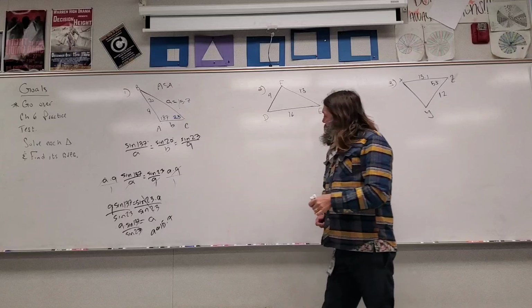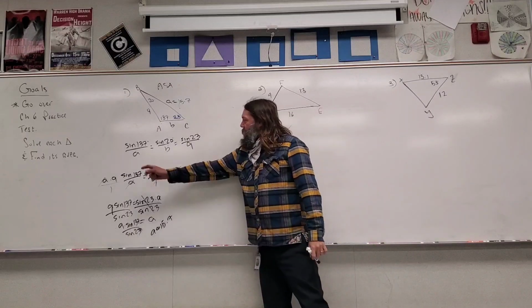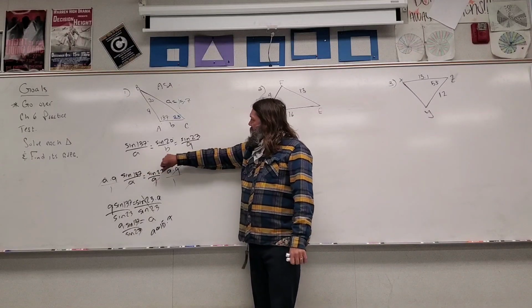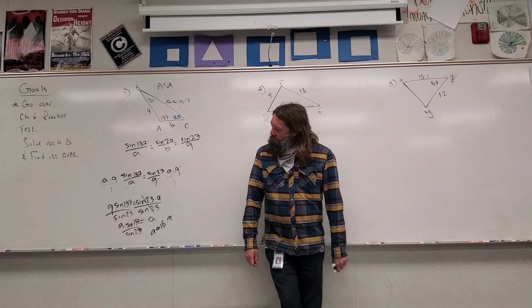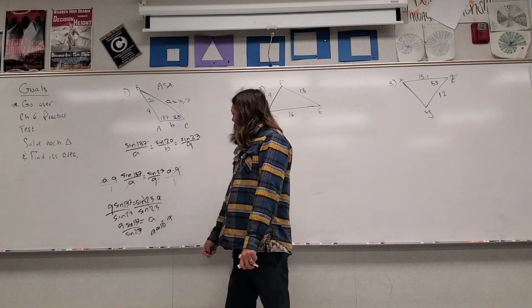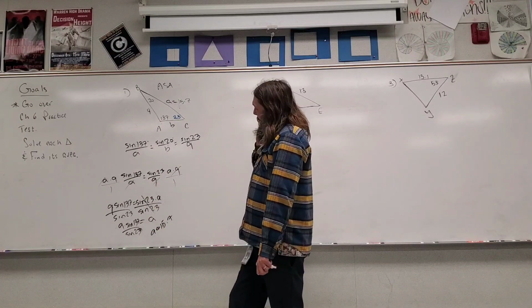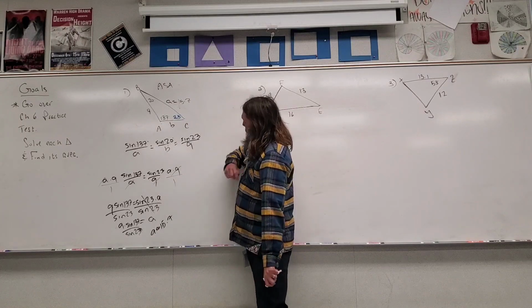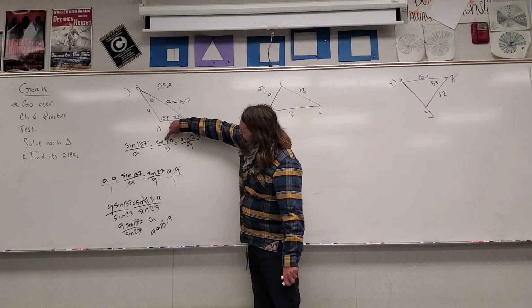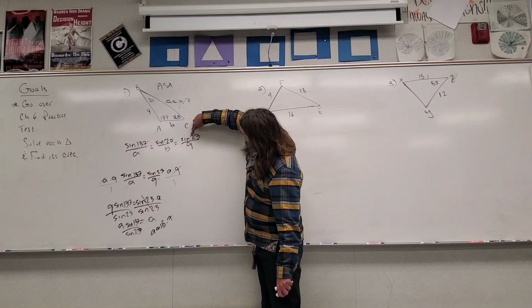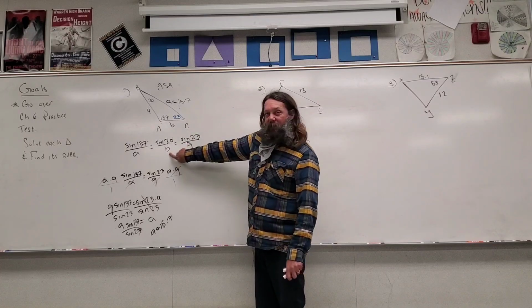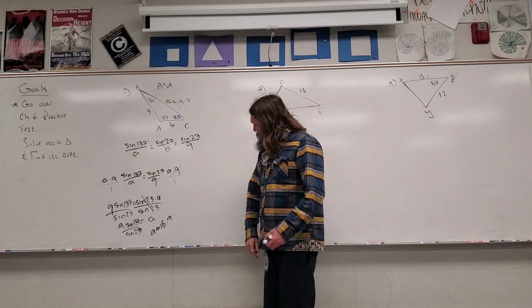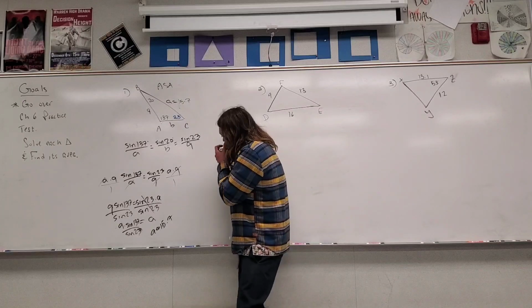Now let's find the length of B. Because A and B are in the same position, you can use the steps that we did to realize that it's going to be 9 times sine of 20 divided by sine of 23 equal to B. But you can go through the steps, we'll get to the same point.